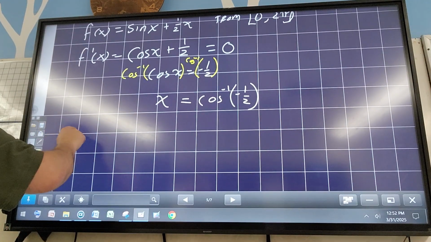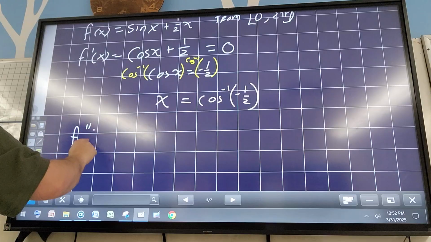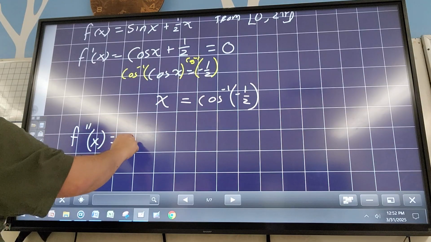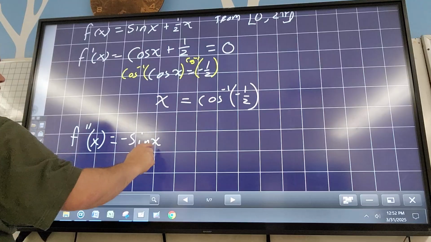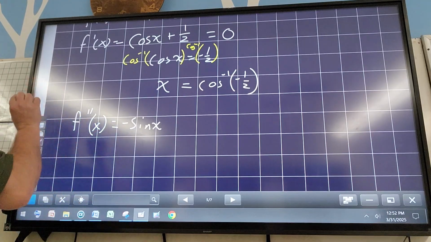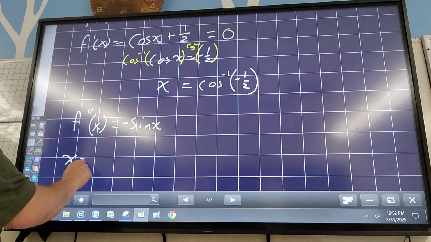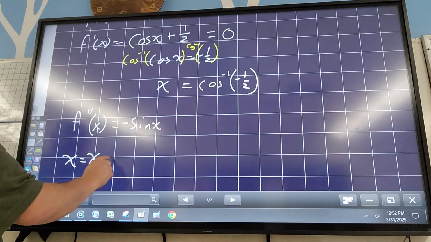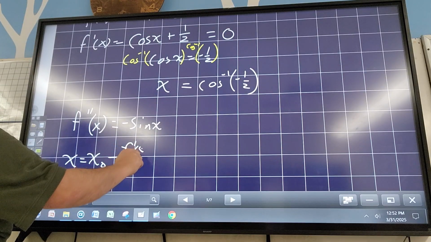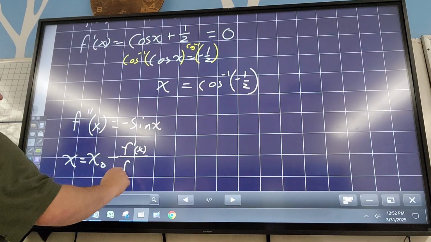Okay. So we need the next derivative, which means Newton's method this time is a little bit tweaked, where each x value will be x naught minus f prime of x over f double prime of x.